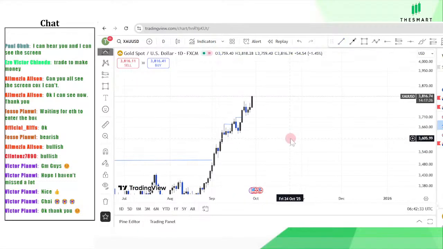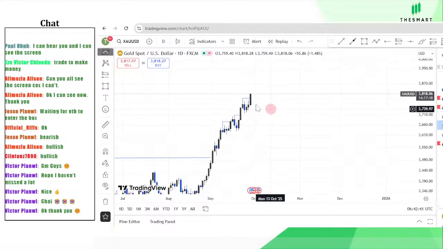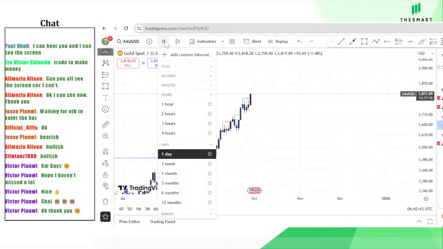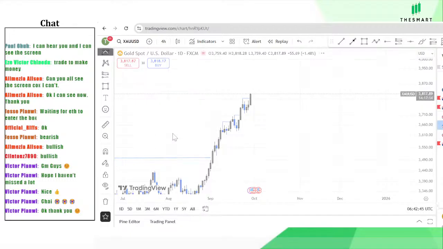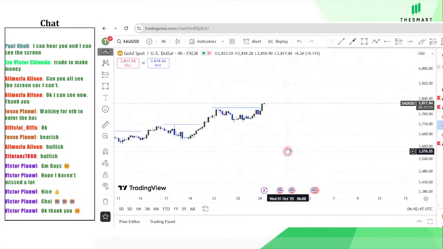We have this to the upside, another break of structure, and we have this to the upside. All right, so let's step down to 4 hours. Let's actually see what price is doing on 4 hours.